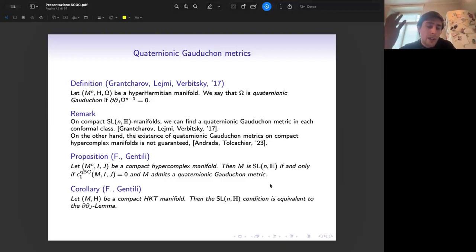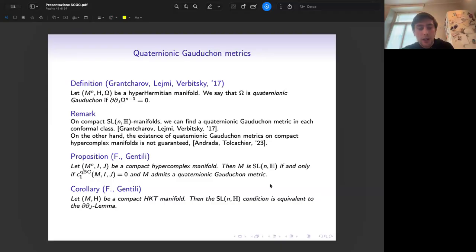If we further assume the existence of an HKT metric, then the SLNH condition is equivalent to satisfying the del-del-J lemma, which is an analog in this setting of the del-del-bar lemma.